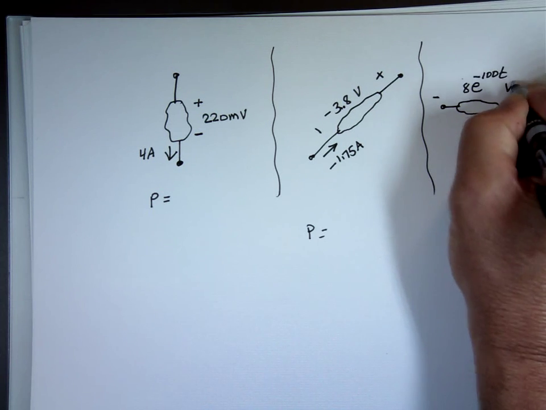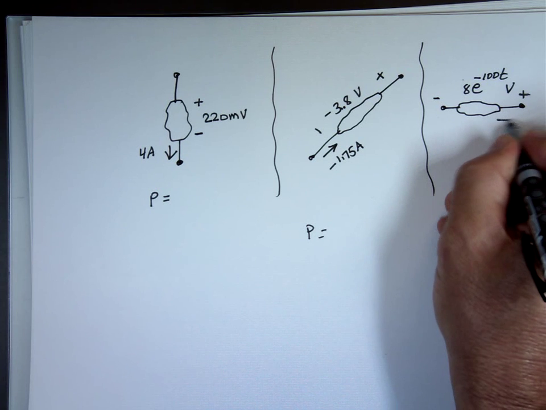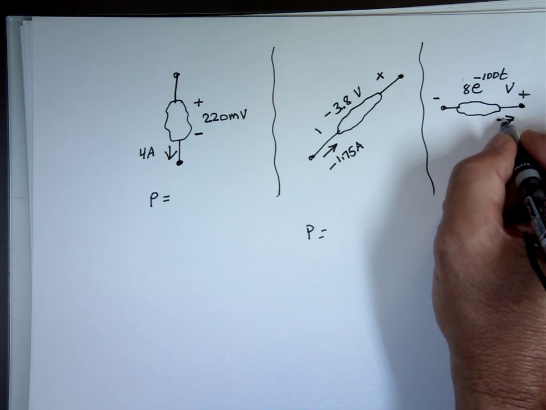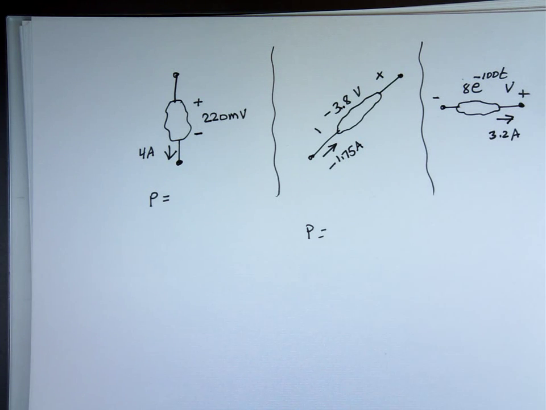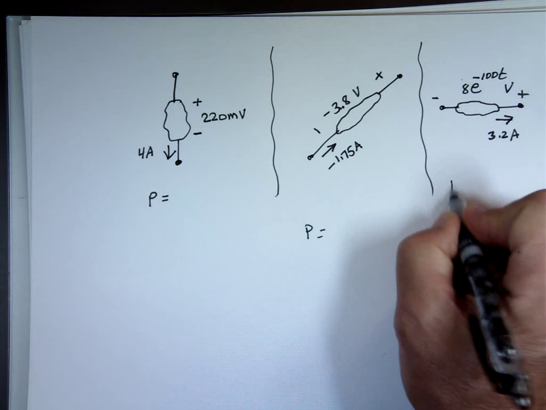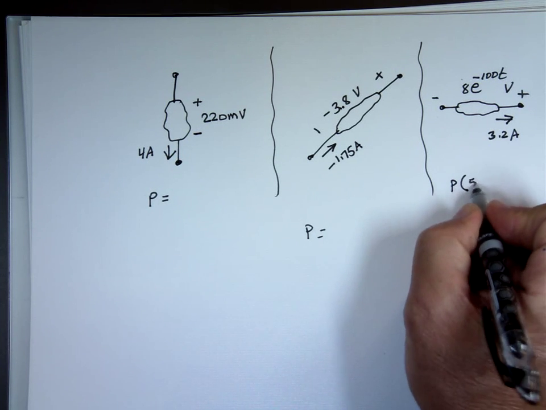And the current is going this direction of 3.2 amps. Maybe this one will be specific. What's the power at 5 milliseconds? Otherwise, your function is going to be a function of time.